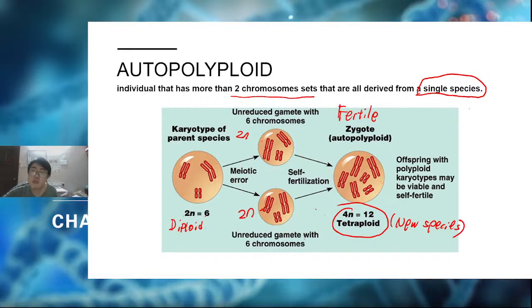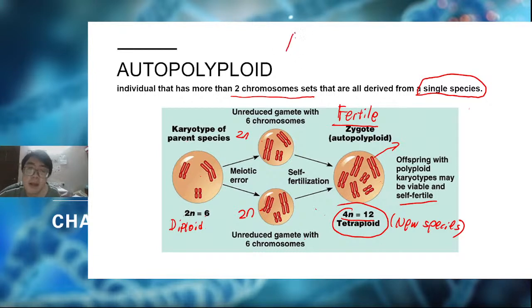So the type of the chromosomes is almost the same, so they can form homologous chromosomes and they can interbreed with each other. It is self-fertile, self-cross lah. Kena interbreed with the species yang sama, yang ada same chromosome ini. Tak boleh interbreed with ibu bapa mereka, species mereka langsung tak boleh.